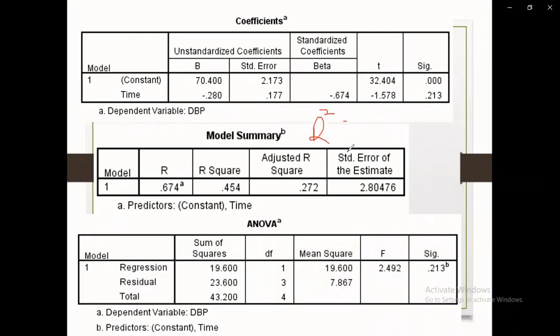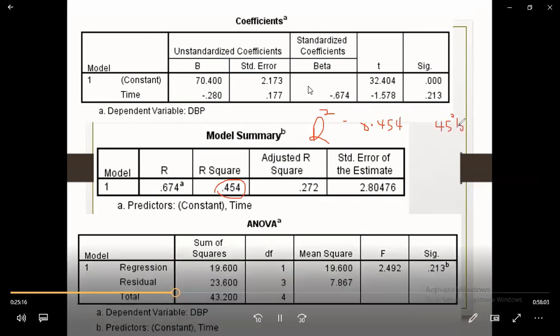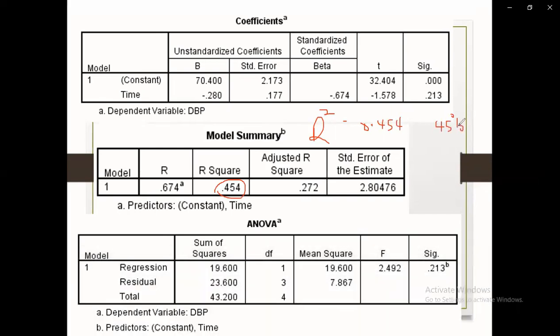Clearly, your R square value is 0.454. This simply means about 45.4% of variation in diastolic blood pressure is predicted by time. In other words, if we base on time, the level of accuracy of the model we just predicted is about 45%.